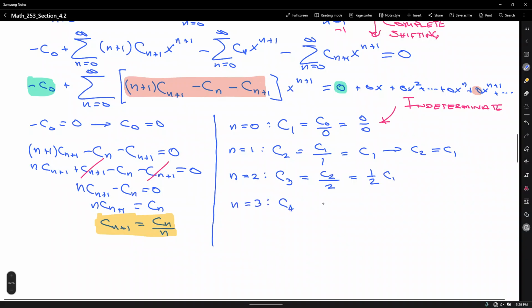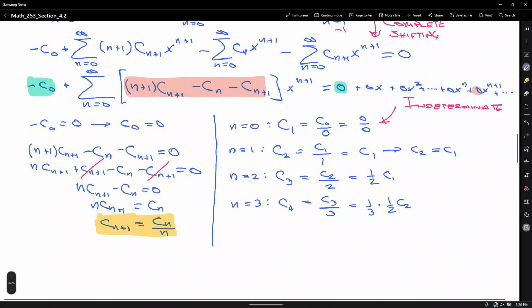That'll be c sub 4 equals c sub 3 over 3, which is 1/3. What is c sub 3? Isn't that 1/2 c sub 2? Okay? Are you guys following me here with how I'm substituting? So this is what we call a recurrence relation because it depends on the previous term, and then on the previous, and then on the previous.